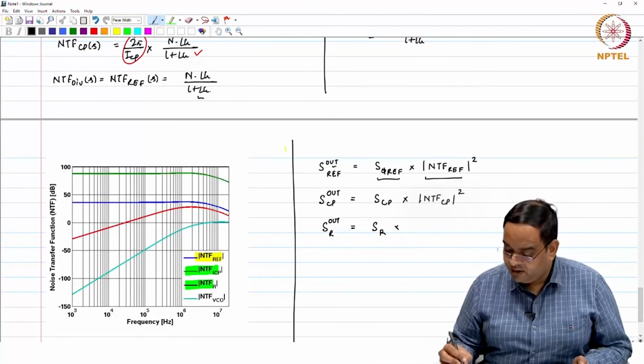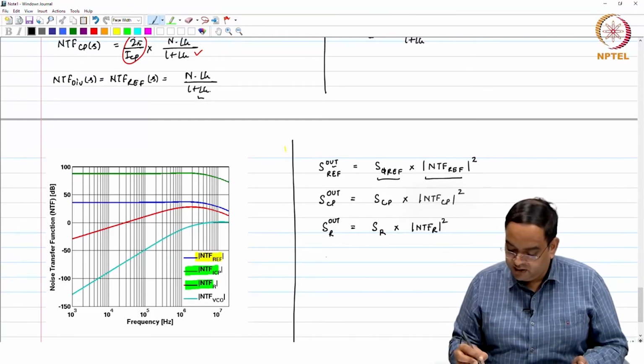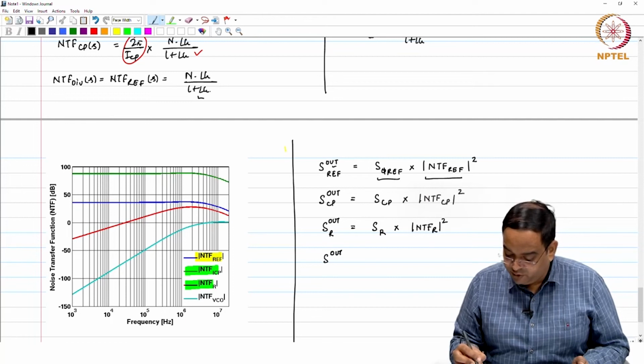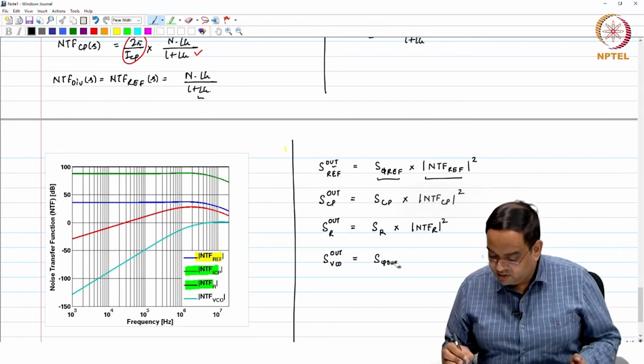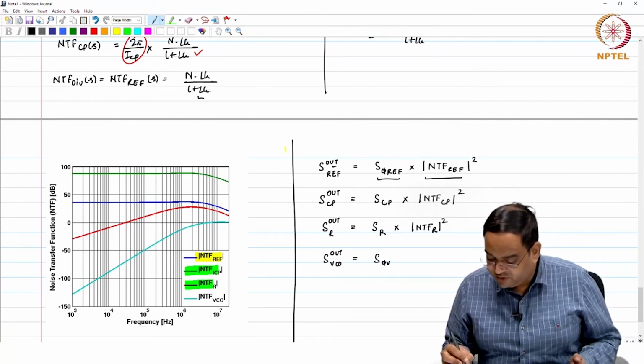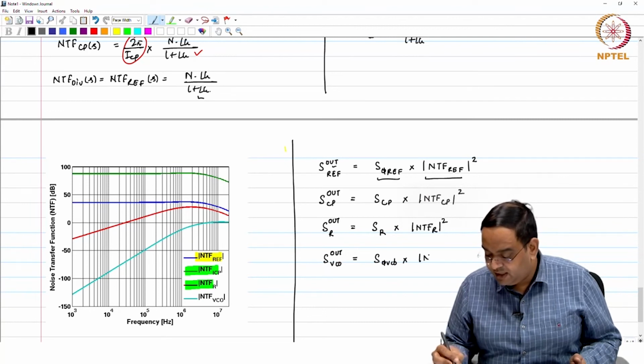So, S R into NTF of R whole square. S out due to VCO, that is VCO phase noise, is your S phi out, the VCO phase noise. Let us write this as S phi VCO times NTF of VCO whole square.